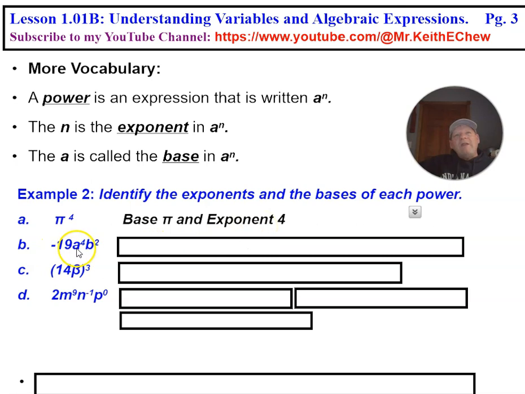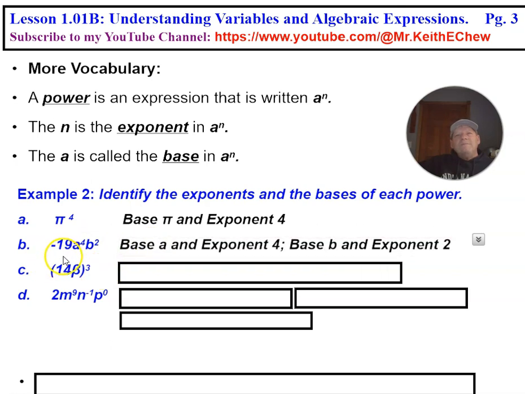If I have negative 19 a to the 4th b squared, the negative 19 is called a coefficient, but the a is the base, 4 is the exponent. b is the base, 2 is the exponent. In this next example, we have 14 beta raised to the 3rd power.